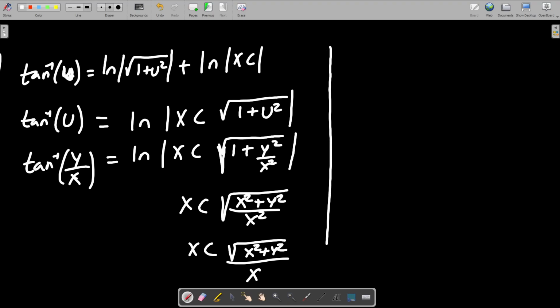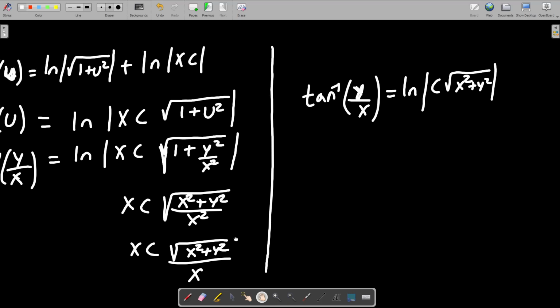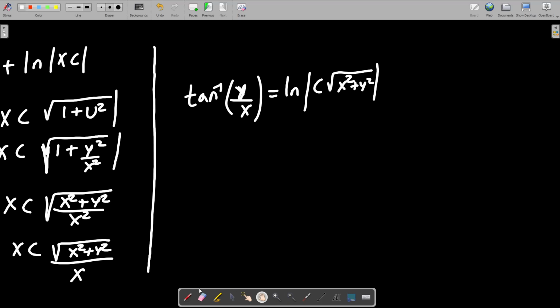It has become very lengthy and my page is over, so I'm writing sideways. So tan inverse of y by x, into ln of c times root over x square plus y square. But now, what is capital Y? What is the capital Y expression?